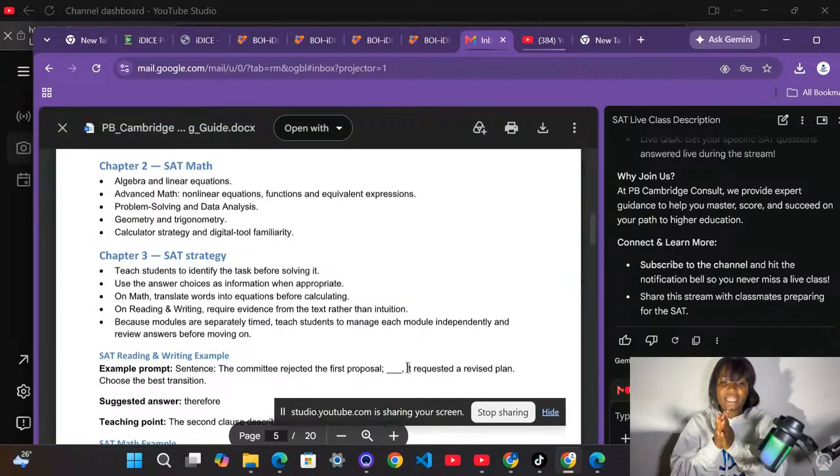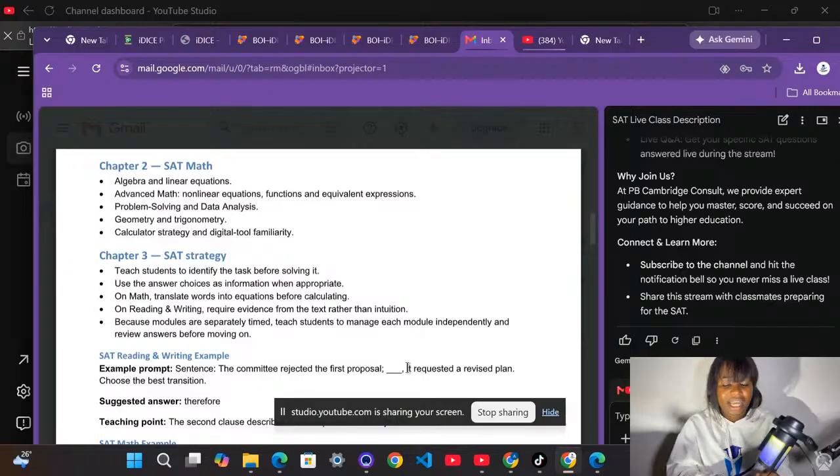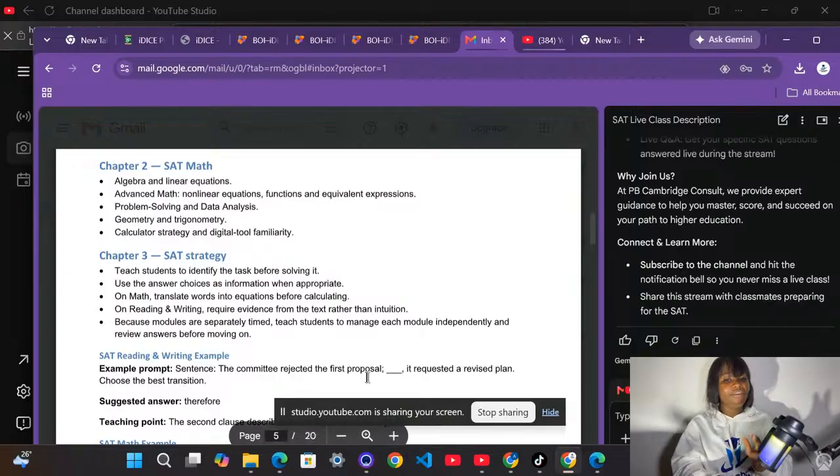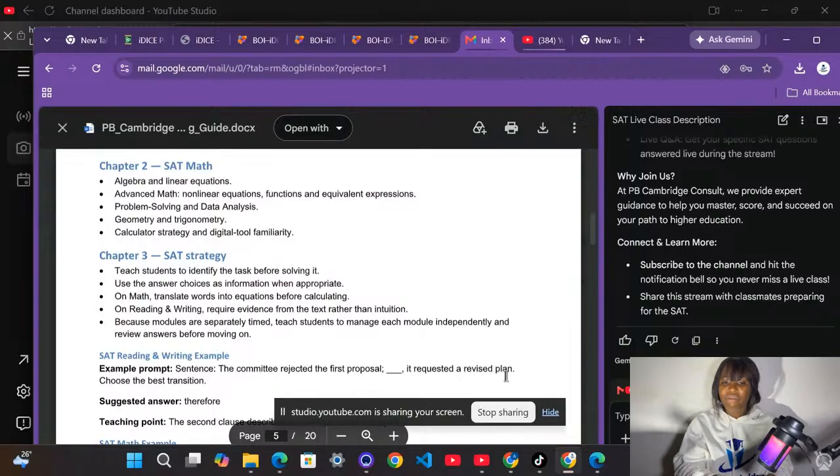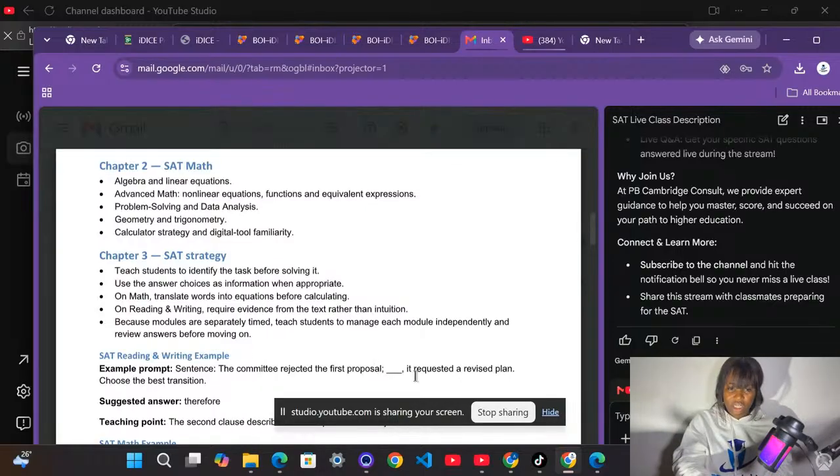Now look at this sentence: the committee rejected the first proposal, and then we have this punctuation mark, a dash, and then it requested a revised plan. That is a transition. What word, you would ask yourself, are we going to fix in here that will link up the transition of these two sentences? We have two sentences here.